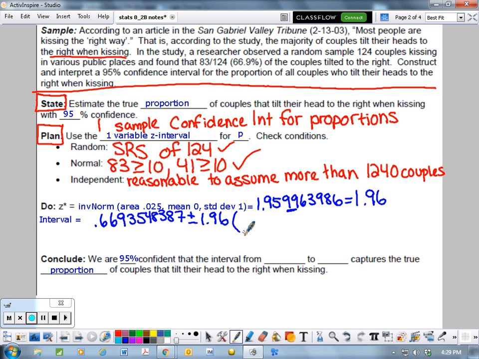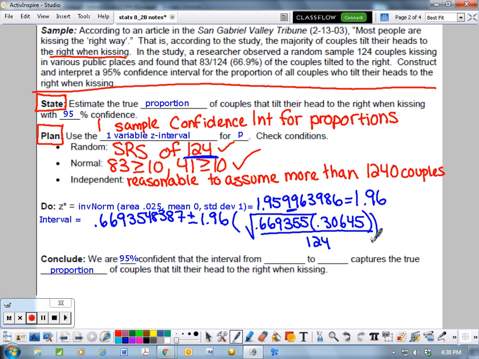Well, it's going to be the square root of our original proportion, 0.66935, times 0.30645, and then divided by our sample size, which we found up here, 124, and that'll give us our standard deviation. So again, the more exact you are with those decimals, the better off you are.